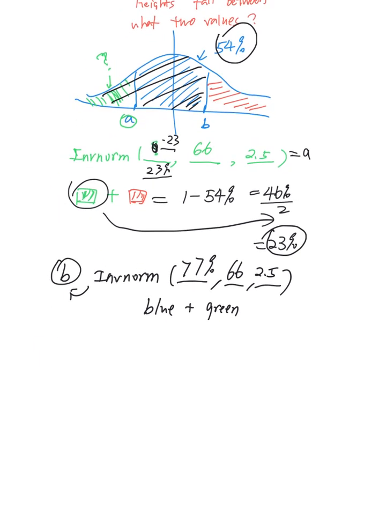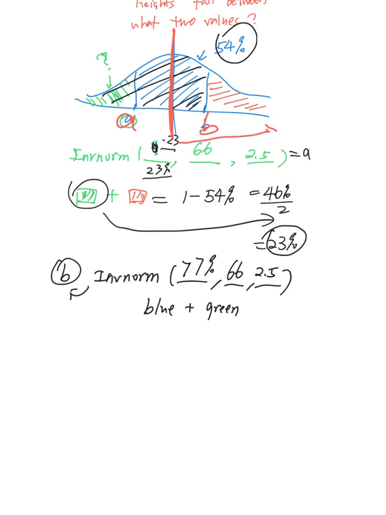The second method, if you don't want to use the calculator again, you can have a quick look at the relationship for A and B. So this is A, this is B, and they are symmetric with respect to the mean, right?